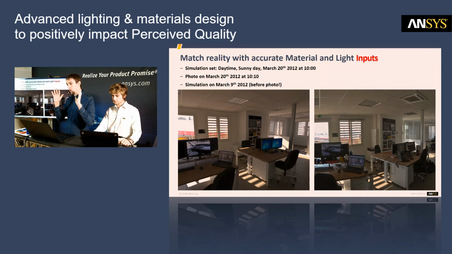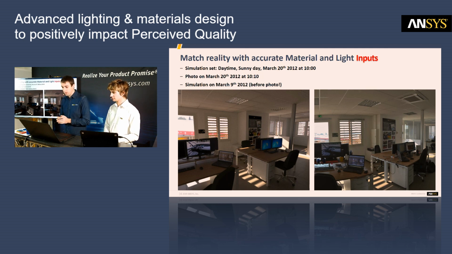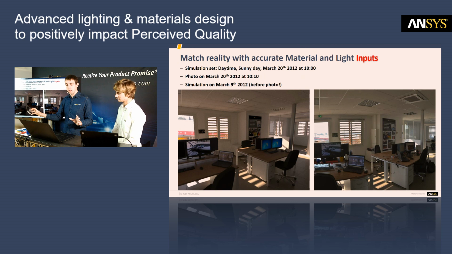So when you've got all the inputs accurate, you can launch it into simulation and reach what we call predictive simulation. Predictive means we have all the inputs, the material, we put it on the geometry, we launch the simulation, and afterwards we can compare to reality. We don't have to adjust anything in the simulation based on reality.